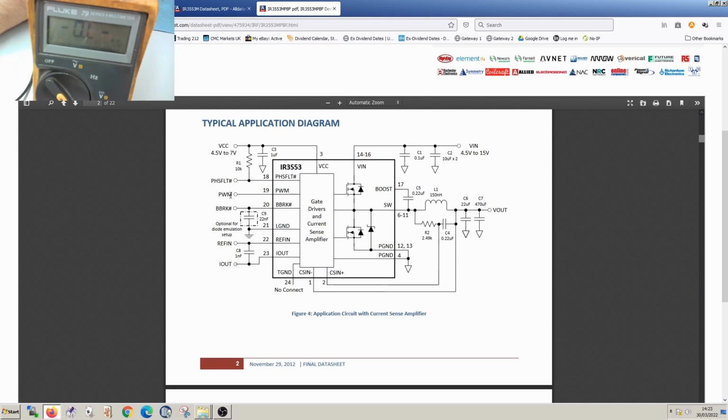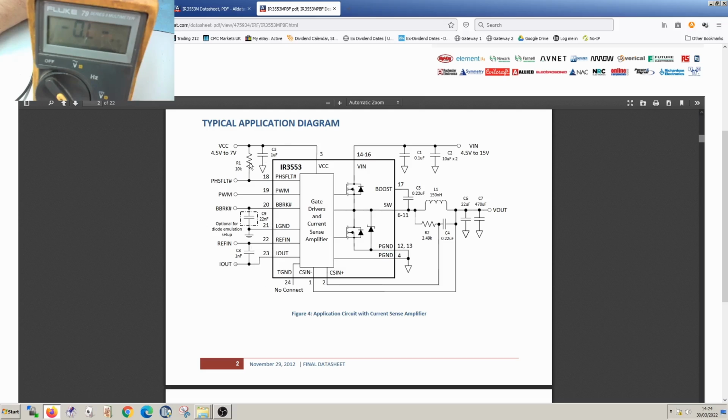You can see we have a signal here, PWM, pulse width modulation, coming in. This effectively controls the duty cycle of these 2 MOSFETs, therefore generating the required voltage through the coil. There's a few more signals, but these are basically to do with enable signals and current monitoring and such.